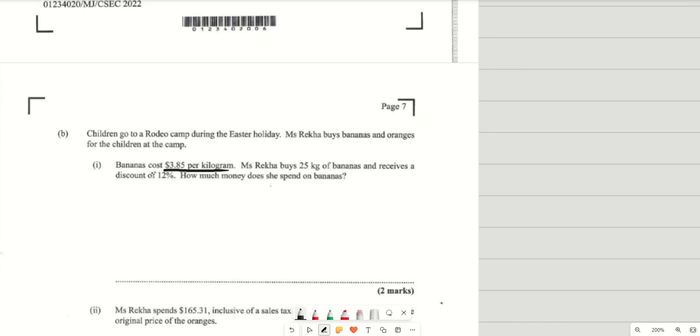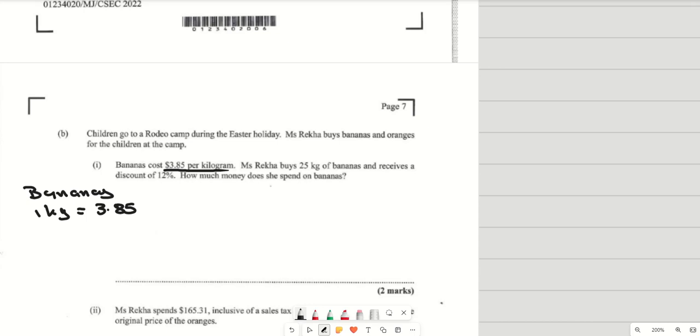So we're going to write bananas, or B, is equal to, bananas, one kilogram is equal to $3.85. That's what that statement means. Ms. Reka buys 25 kilograms of bananas and receives a discount of 12%.